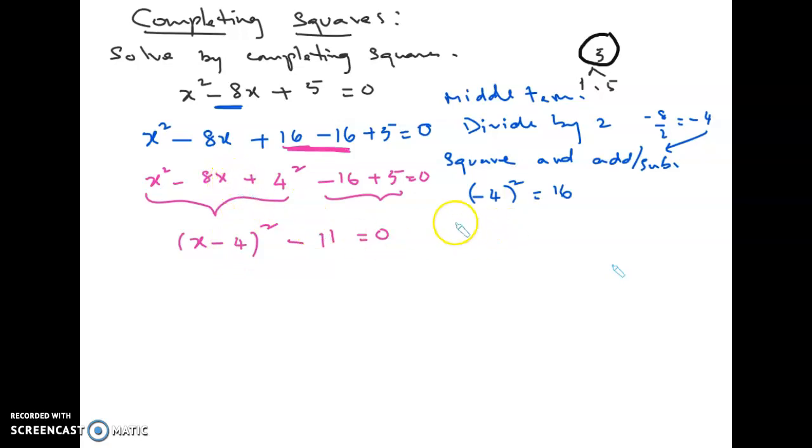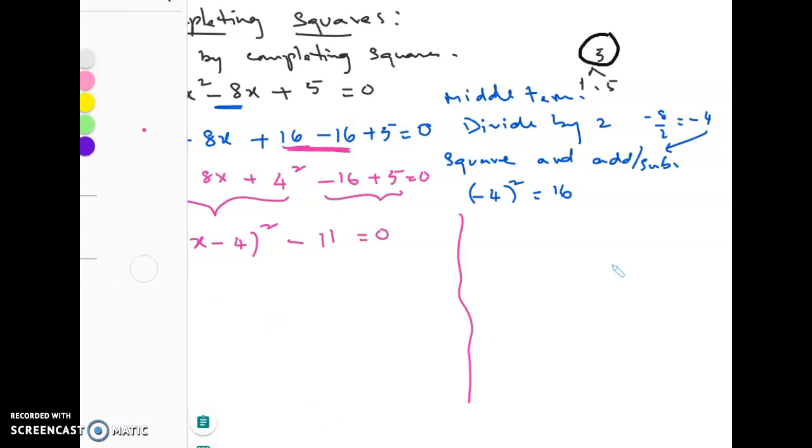This is really important, because if I expand this one, I'm going to get this. So let me show you quickly. When you expand, are we going to get that same thing or not? Let's take x minus 4 whole square, which means x minus 4 times x minus 4.